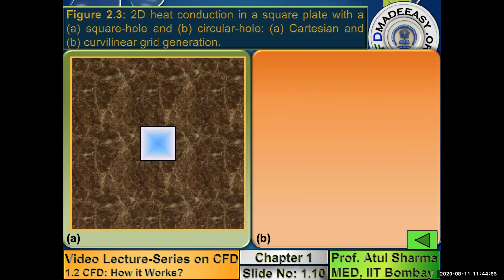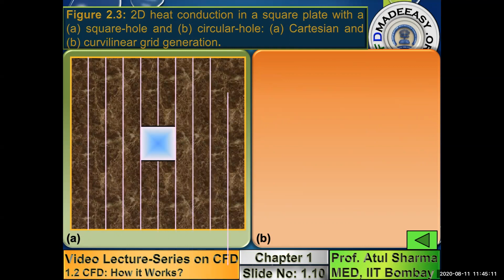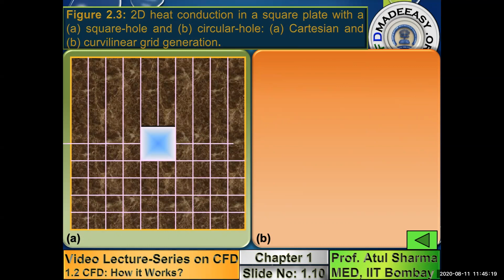If we have a circular plate with a circular hole, then it is a cylindrical geometry problem. For the Cartesian case, we can generate a grid by drawing equispaced horizontal and vertical lines to obtain square computational control volumes.